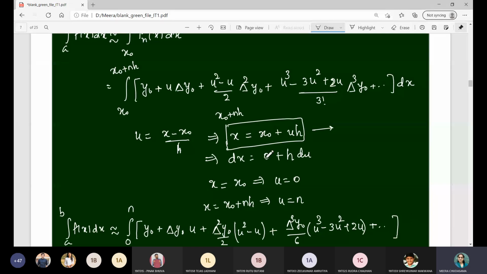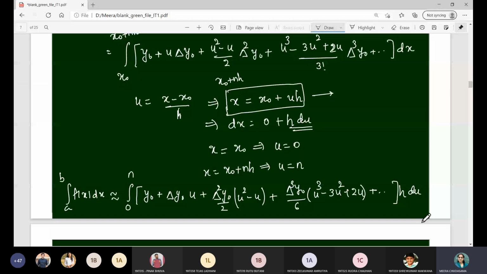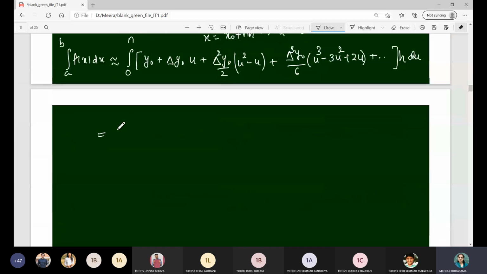So now h is independent of the u variable, so it goes outside of the integration, and now we will consider the integration with respect to u. You can see that y0, y1, y2 and so on, all these quantities are constant, hence y0, delta y0, delta 2 y0 and so on will also be constants.